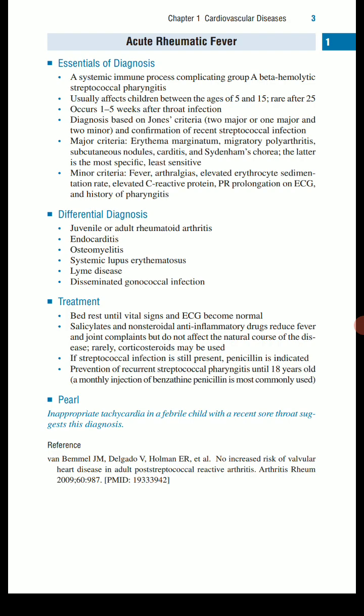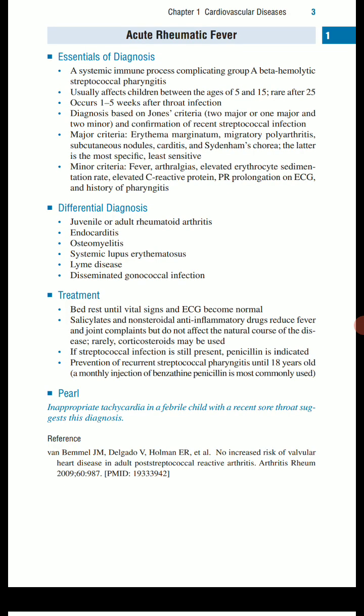In the minor criteria, we have fever, arthralgias, elevated erythrocyte sedimentation rate, the ESR, elevated C-reactive protein, prolonged PR interval on ECG, and history of pharyngitis. Those are the minors under the Jones criteria that we follow. So out of the major and minor criteria, whenever we find 2 majors, or 1 major and 2 minors, it confirms rheumatic fever.